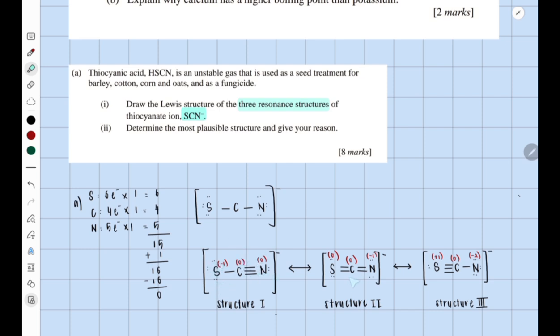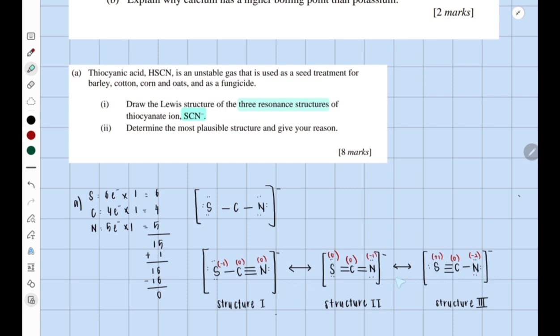Structure 2 has a double bond to sulfur and a double bond to nitrogen, so sulfur and nitrogen have equal bonding pairs and lone pairs. Structure 3 has a single bond between the nitrogen and carbon and a triple bond between the sulfur and the carbon. The sulfur has 1 lone pair and the nitrogen has 3 lone pairs.